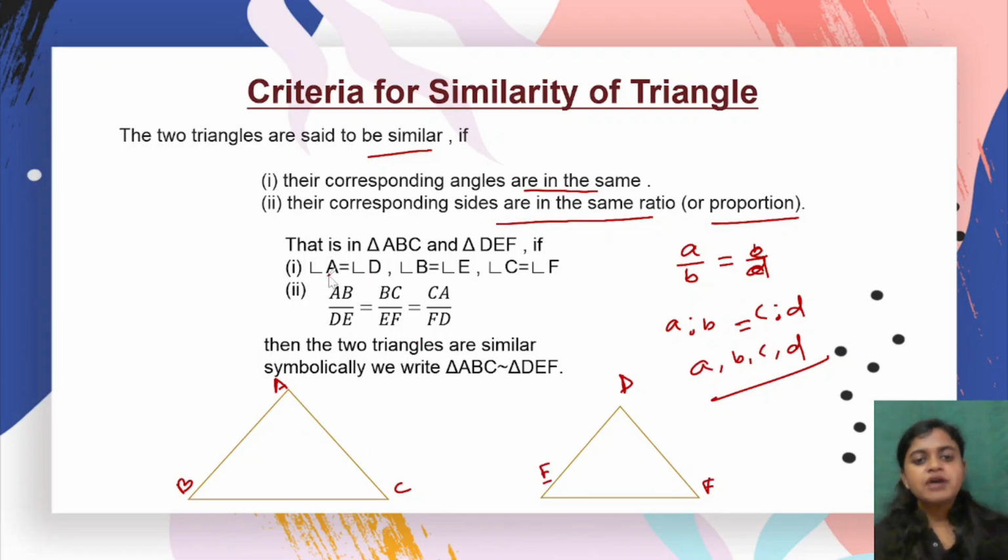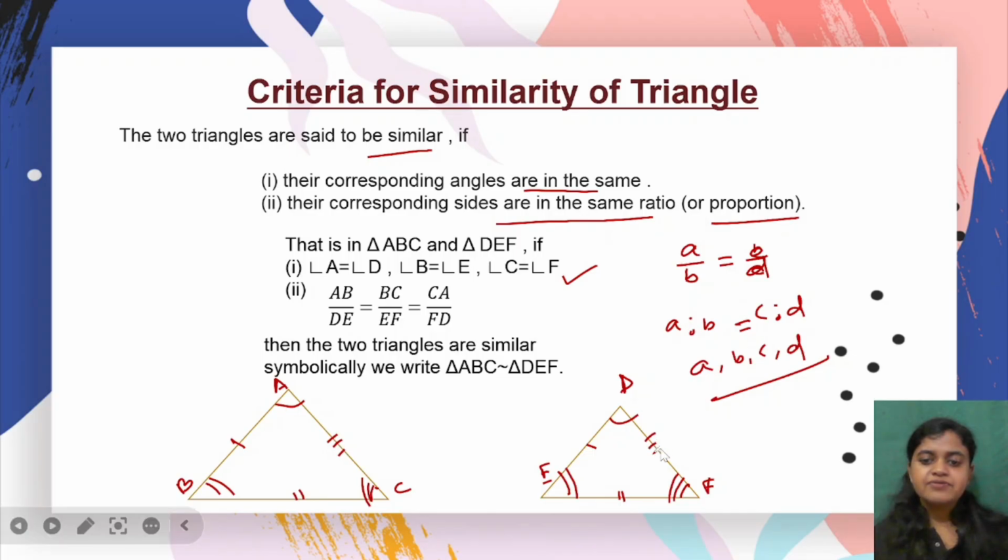If angle A equals angle D, angle B equals angle E, and angle C equals angle F, then this is one condition, and the second condition is that AB by DE, this side by this side, BC by EF, this side by this side, and CA by FD, this side by this side.